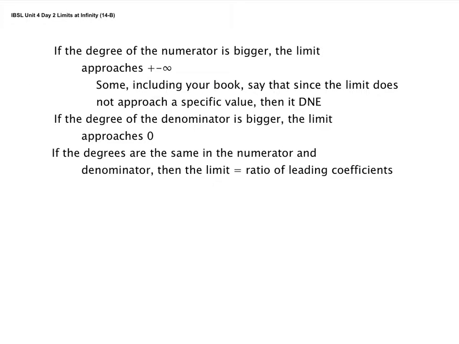Here's what we just summarized. If the degree in the numerator is bigger, the value is going to go to either positive or negative infinity. So we will say that the limit does not exist. Bigger on top, no limit.